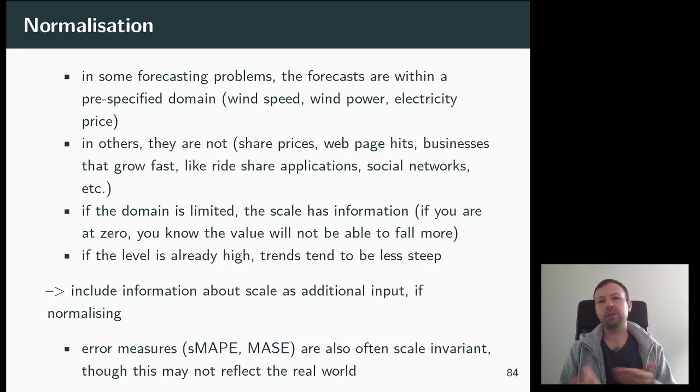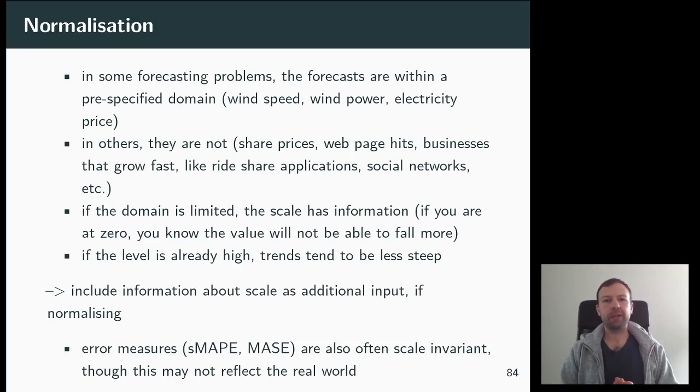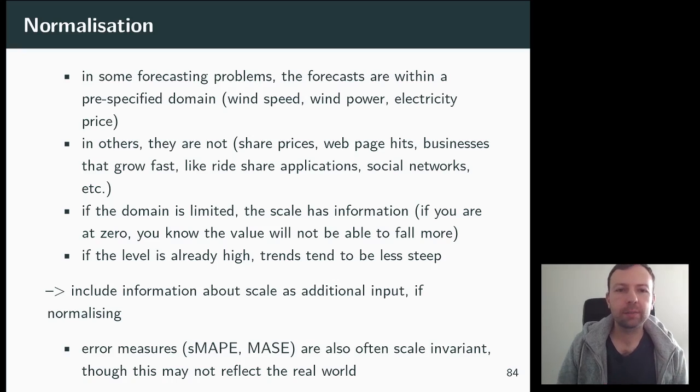And accordingly, a wind turbine has just a minimum and a maximum power it will output. Same with electricity price: electricity prices are usually capped by some regulations. There could be a regulation that an electricity price cannot be more than $1,000. So in that situation, obviously, you know what to normalize with.